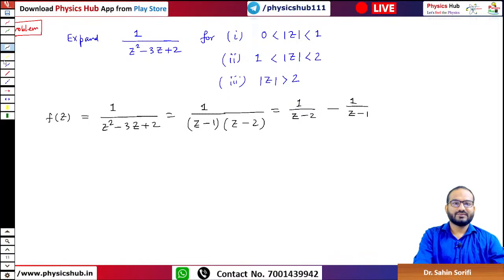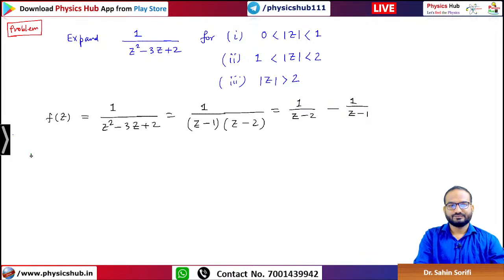So let us now take the first case, 0 less than mod z less than 1. Try to understand it very carefully. So here you can see mod z less than 1, no issue in this, your mod z is coming out to be less than 1.